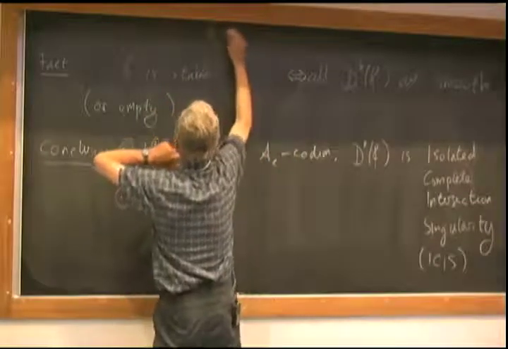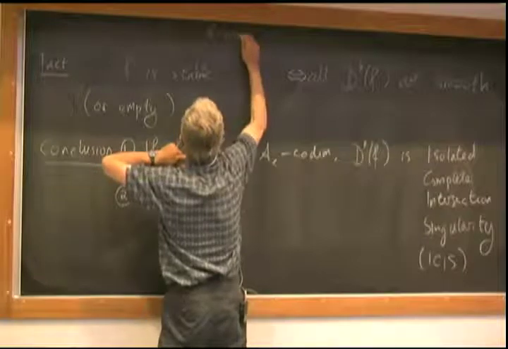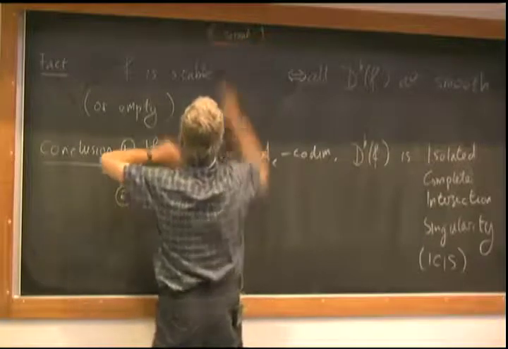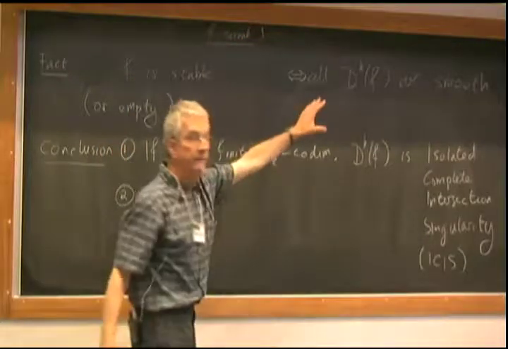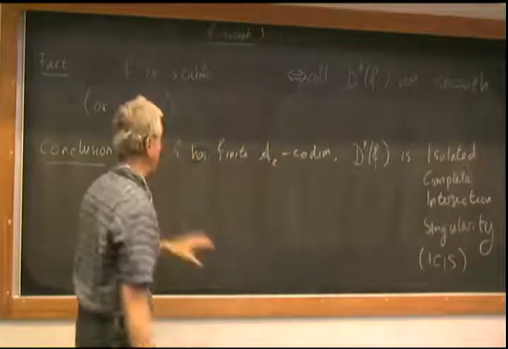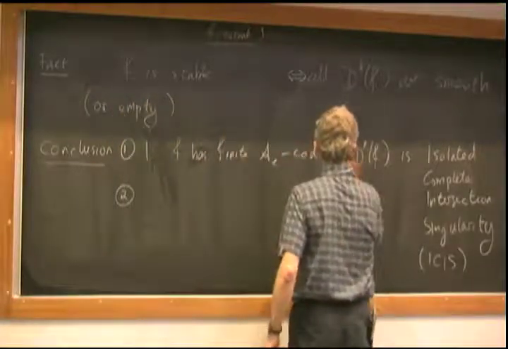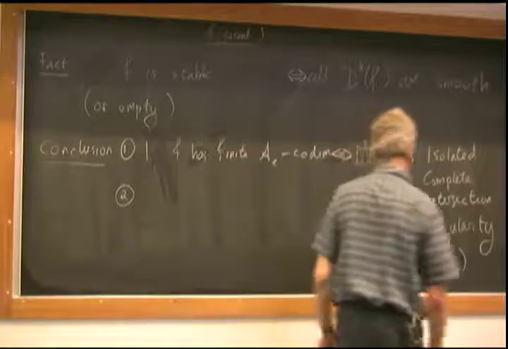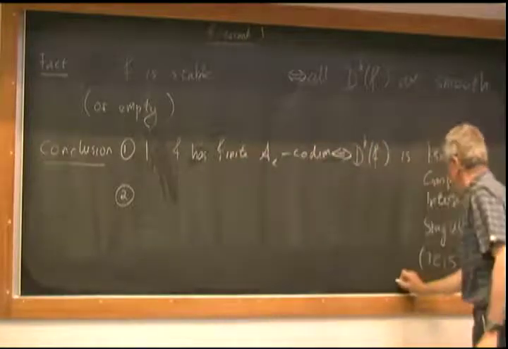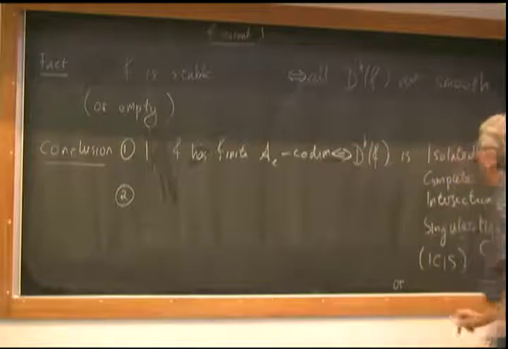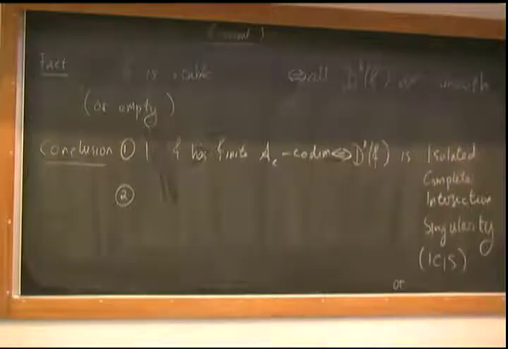We're talking only about co-rank 1. F is stable if and only if all the D^k are smooth. And actually, the same is true here. F has finite codimension if and only if all the D^k are isolated complete intersection singularities.